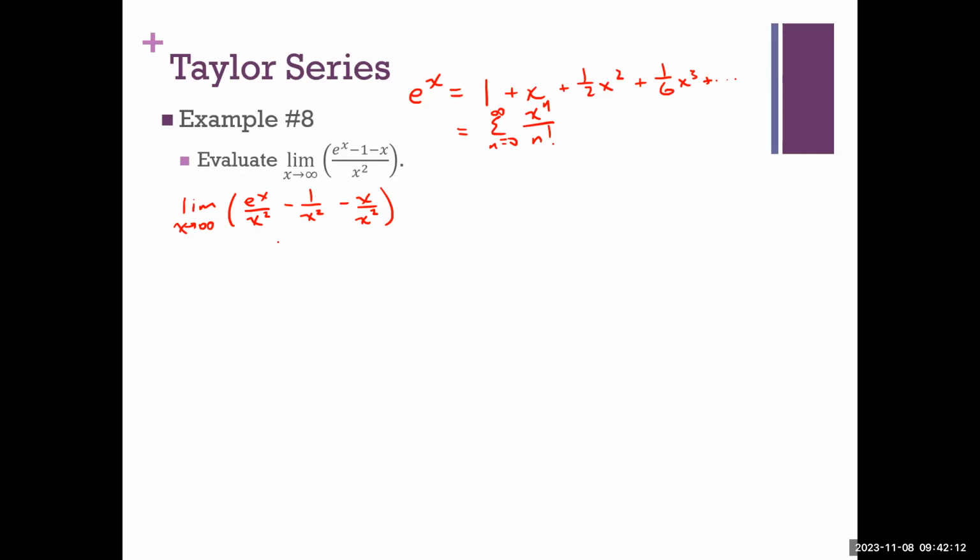So this is another way I can use to look at this. I'm going to transform this limit one more time. What is e to the x over x squared? Can't I just decrease all these powers by 2?